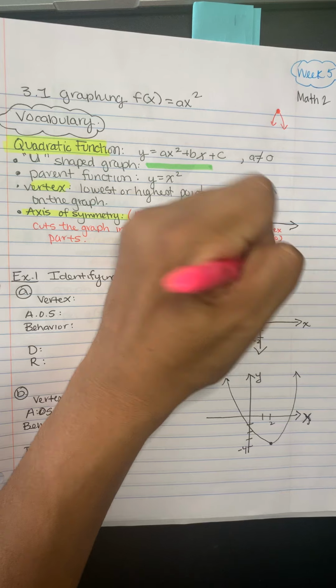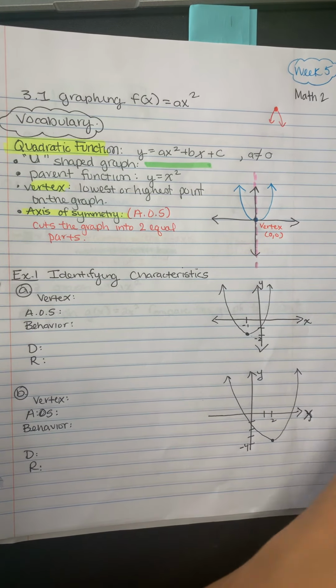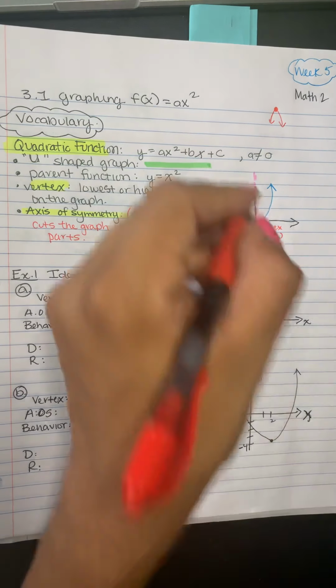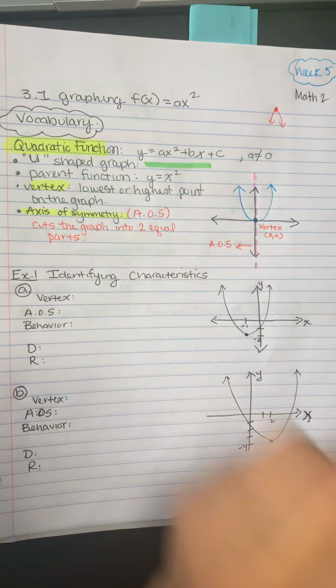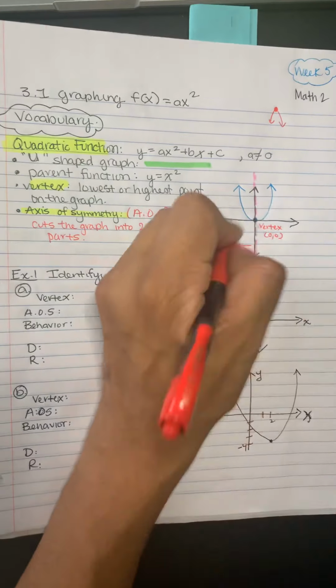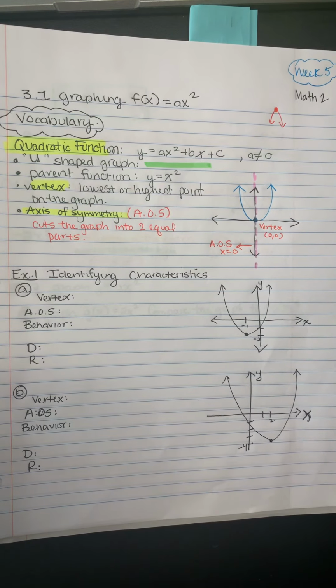Again, it goes through the vertex and cuts the parabola in half. The AOS is also the x coordinate of the vertex, so we would write x equals 0.